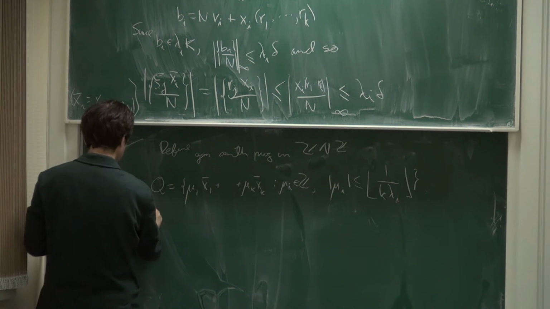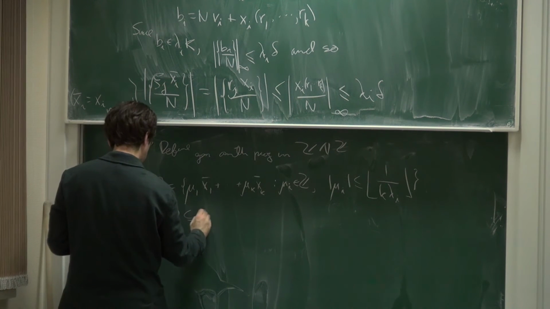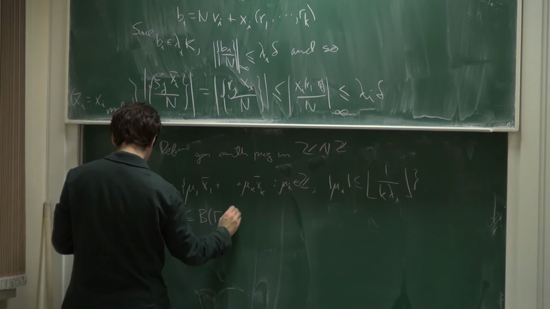Then I claim, by what I just said, Q is actually contained in the Bohr set. Why?